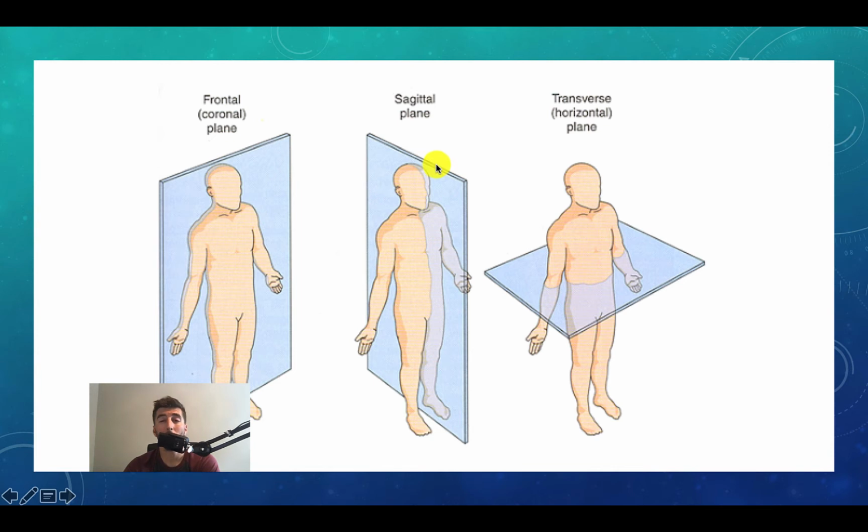If you're moving within the sagittal plane, imagine drawing arrows towards the back and towards the front. So that means you're moving in a forward and backward plane, right? You're moving along parallel with this plane, not perpendicular with this plane.